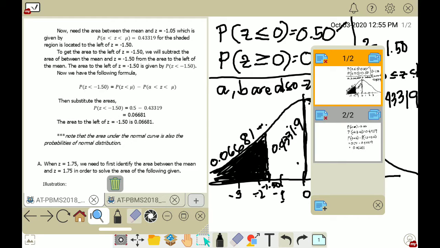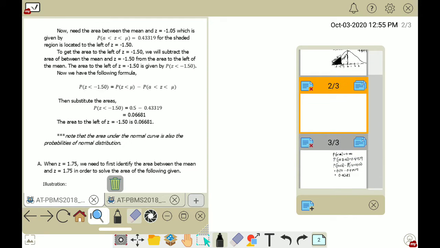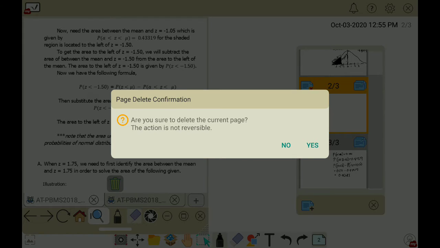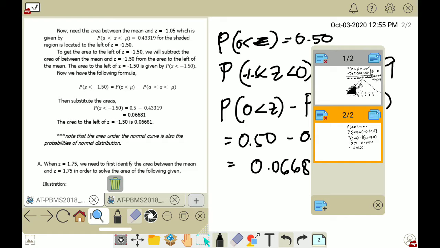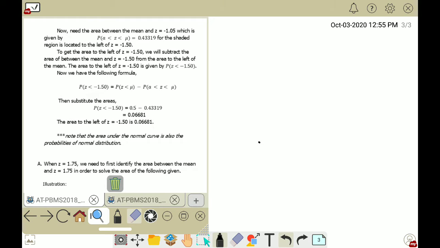Okay, so we're going to go next. How about we have letter B. I think we have letter B for this part.